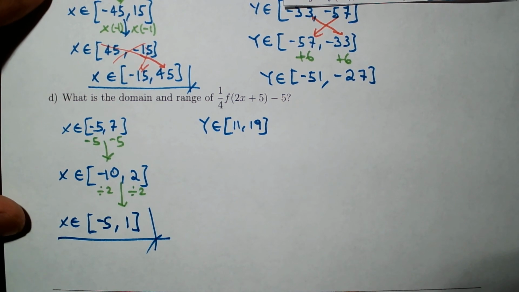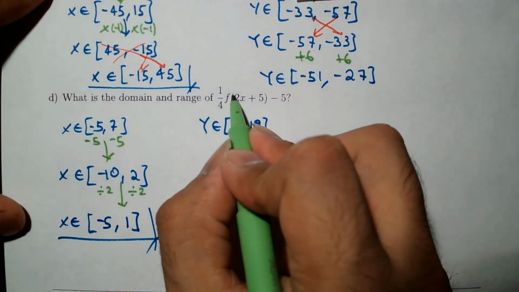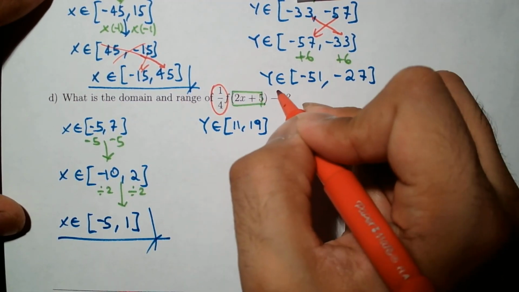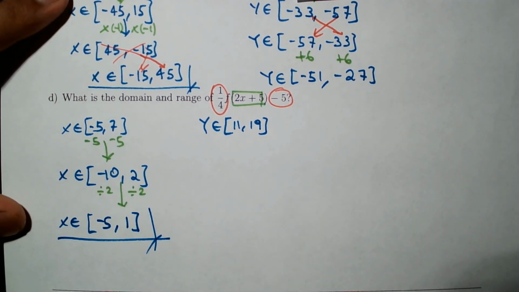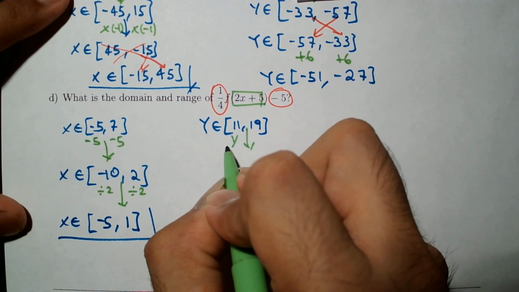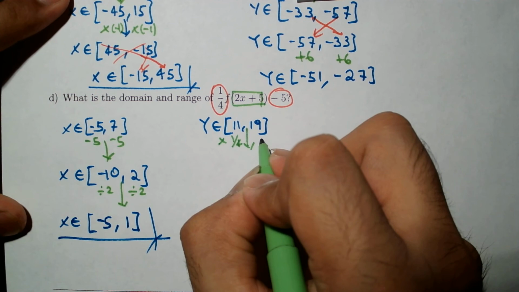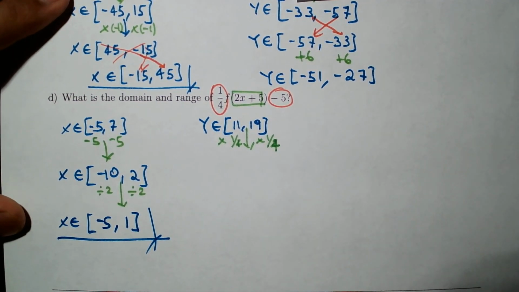What about the range? So for the range, this is what we did for the domain. This is what we do, the 1/4 and the -5. So for the y's, times 1/4 to both of them.